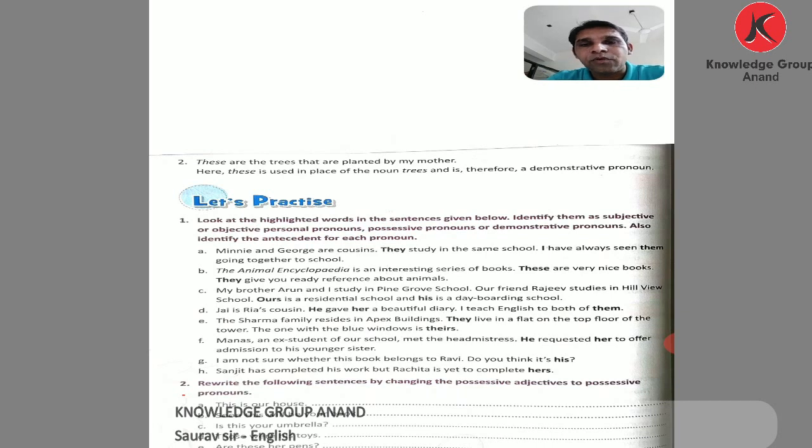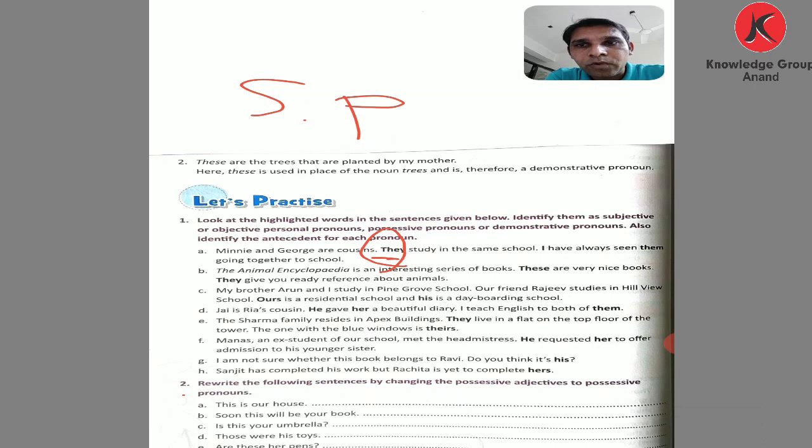See the first exercise, and in the second exercise we discuss the demonstrative adjective and demonstrative pronoun and how they are different. In this exercise, here they is used. The word they is called a subjective personal pronoun, and here them is used as an objective personal pronoun.